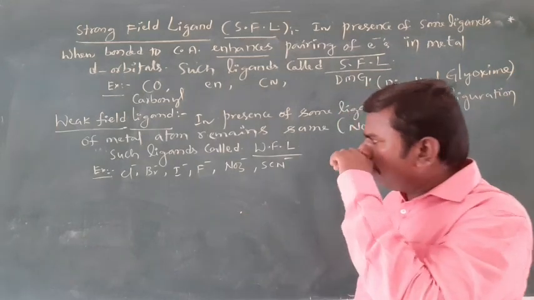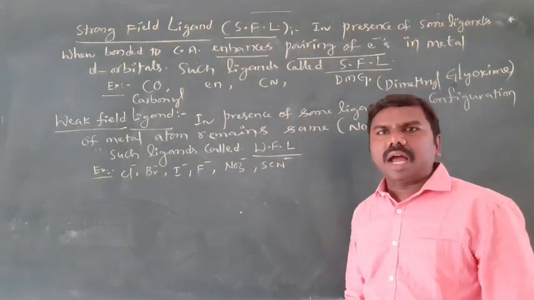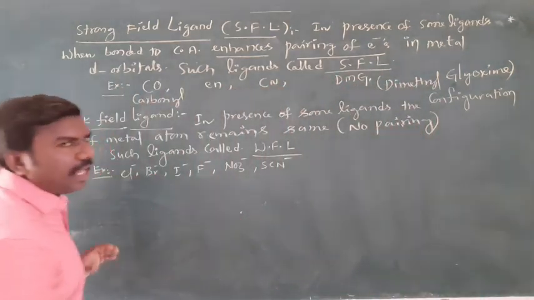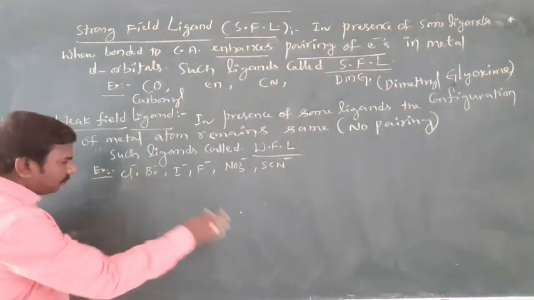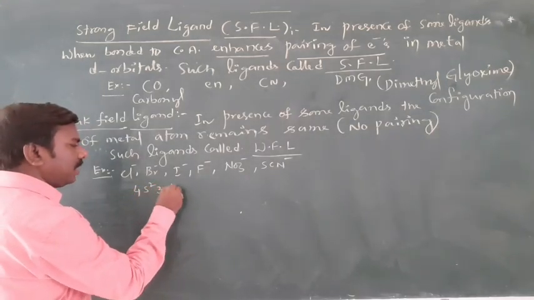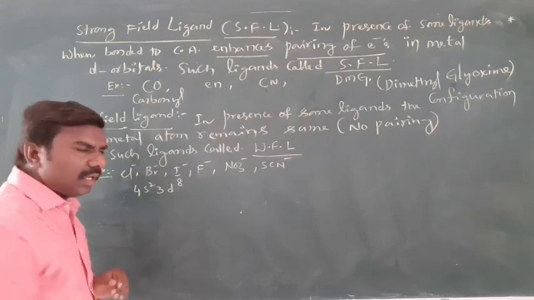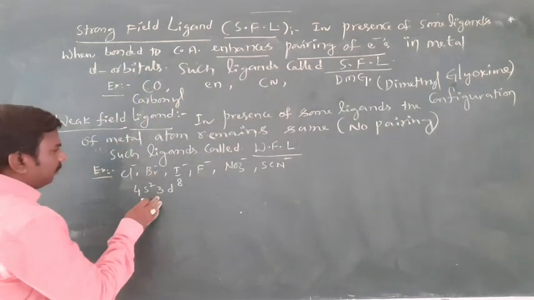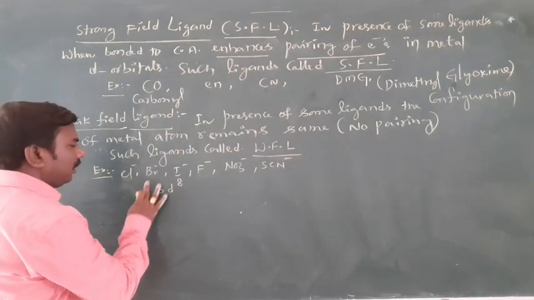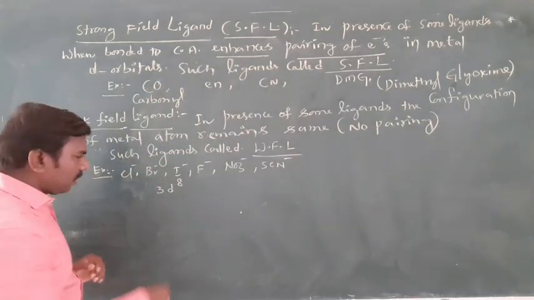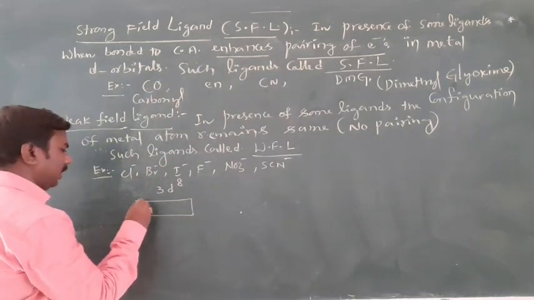Examples are Cl minus, Br minus, I minus, etc. For example, for strong field ligand, if you take configuration 4s2 3d8, so in presence of a strong field ligand, I am taking 3d8 only configuration. Strong field ligand is there, what will be happening? This is 3d8.